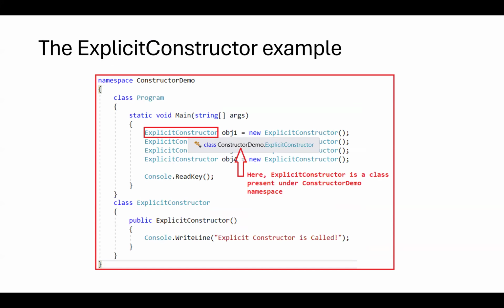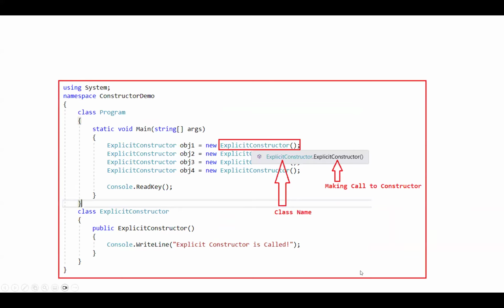Now, the next example with an explicit constructor. The same situation: when we move your mouse over the class name, you get information about the class. And if you move your mouse to the new explicit constructor, you get explicit constructor twice.